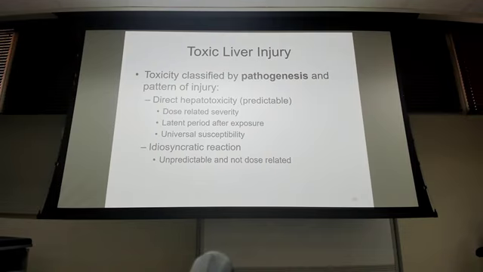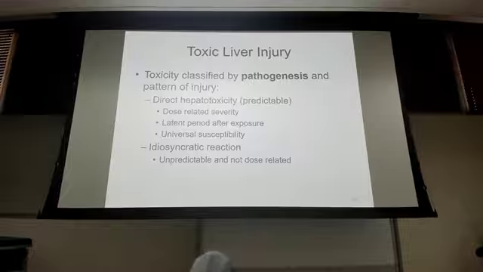hepatotoxicity. This is a predictable pattern or pathogenesis. So it's dose related. So we know if we take this hepatotoxic drug, chemical, you name it, that it is predictable, once we get to certain levels circulating in our bloodstream, as to what the toxicity pattern is going to look like. So we can predict, based on the dose, changes and inflammation or damage to the liver cells proper.